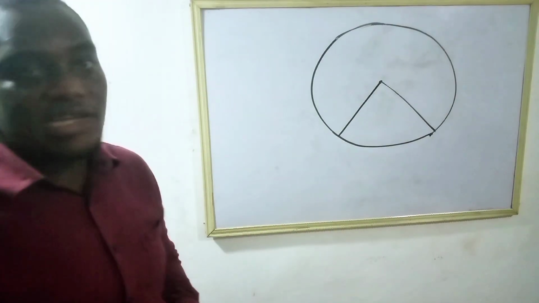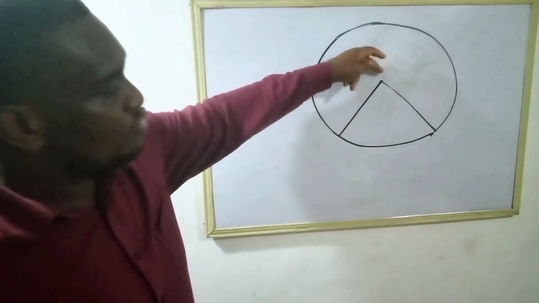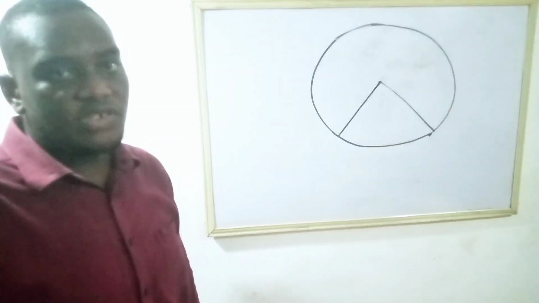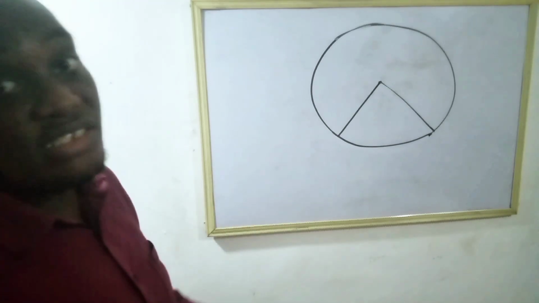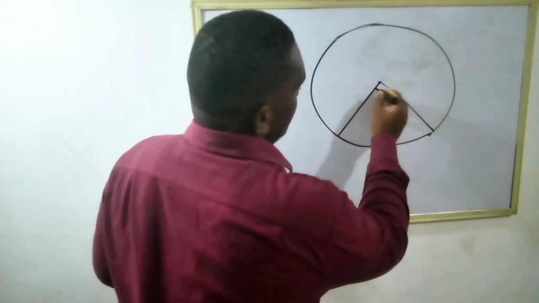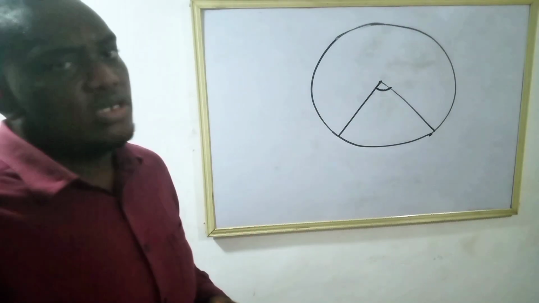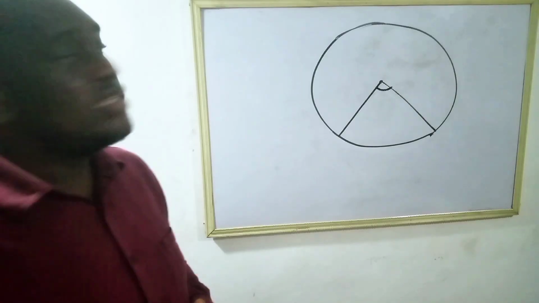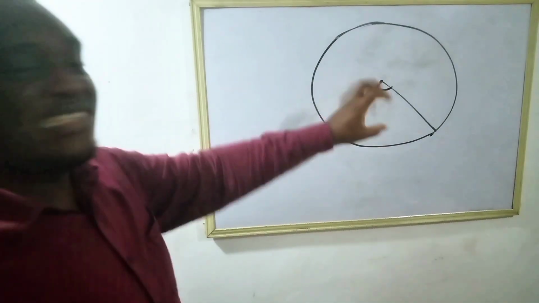Of course, we know that those lines are the radius of that circle because each is a line drawn from the center to a point on the circumference. By drawing those two lines, I am able to achieve an angle subtended at the center of that circle.